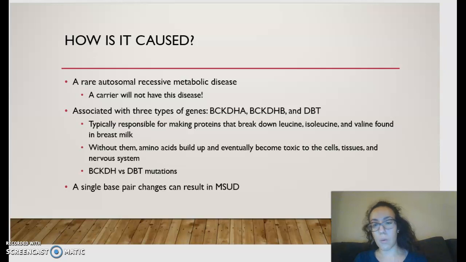This allows for the normal breakdown of those amino acids. BCKDHA mutations often change single amino acids in the alpha subunit, while the BCKDHB gene mutation alters amino acids in the beta subunit of the same enzyme complex. Mutations in the DBT gene result in the insertion or deletion of small portions of DNA in the gene. This can also result in changes in single DNA base pairs.